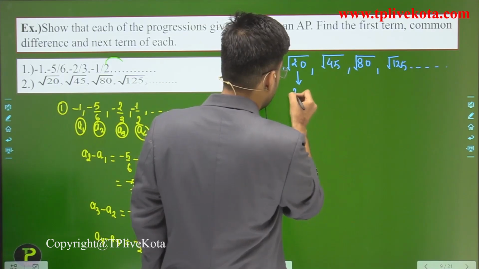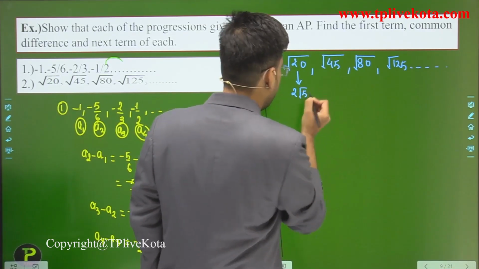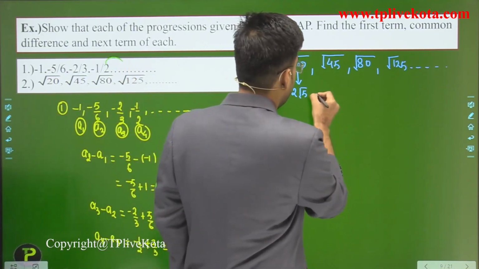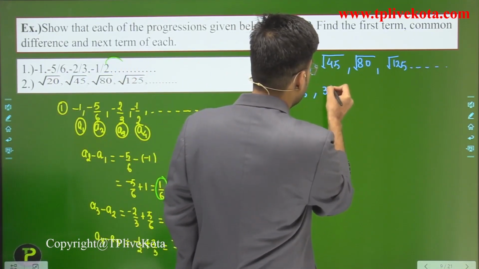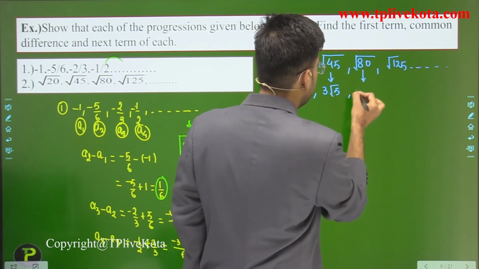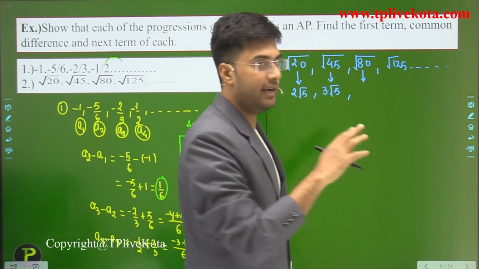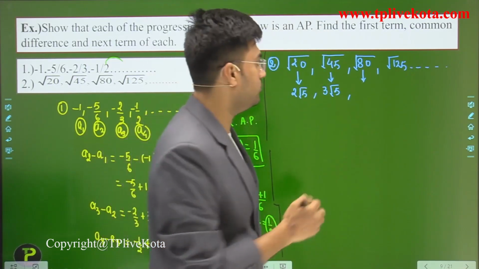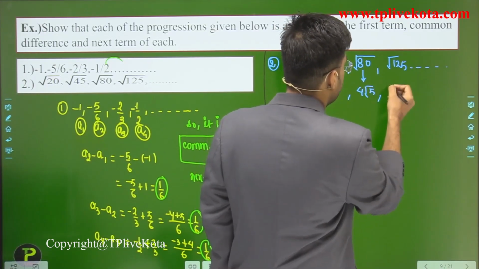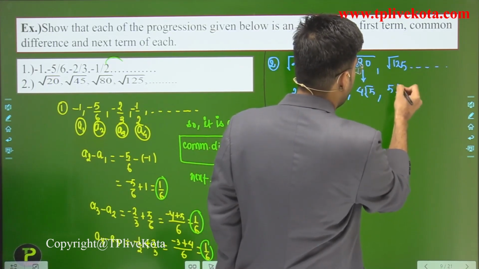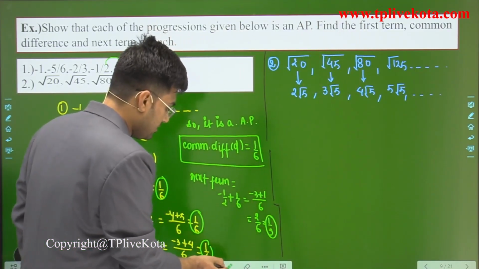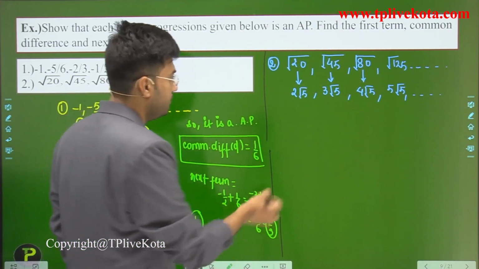It is 2 root 5, since 20 is 4 multiplied by 5. It is 3 root 5, and we can write 80 is equal to 16 multiplied by 5, so it is 4 root 5. Similarly, it is 5 root 5. Clear?